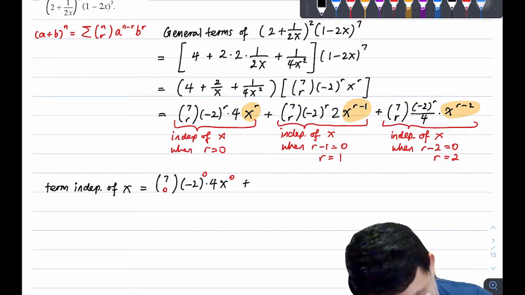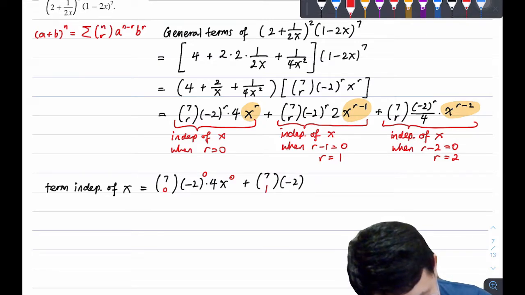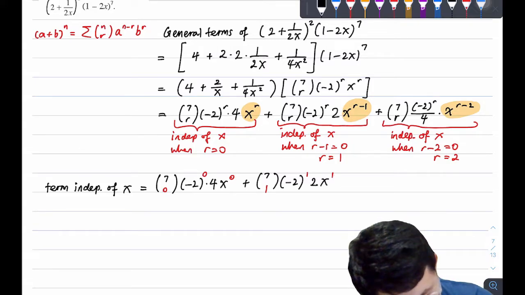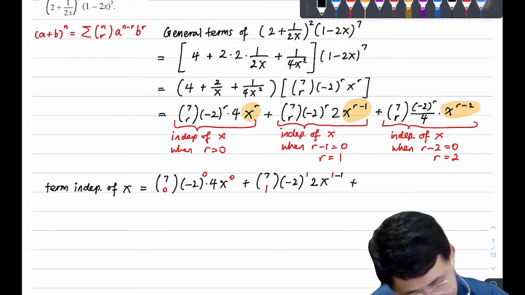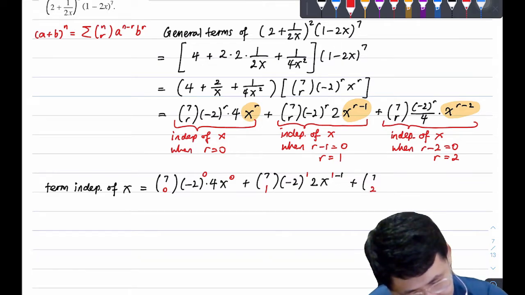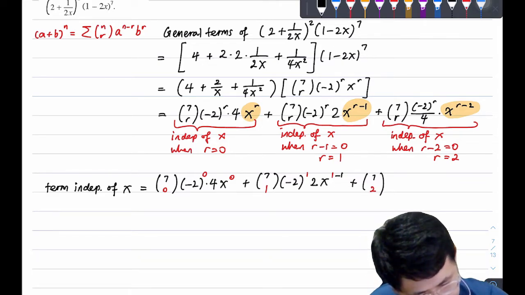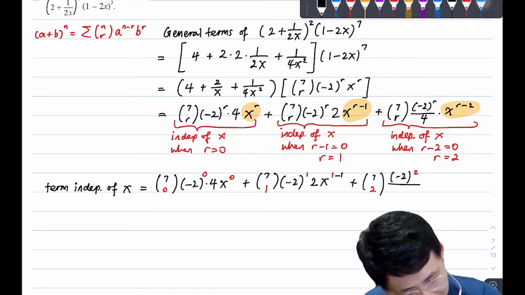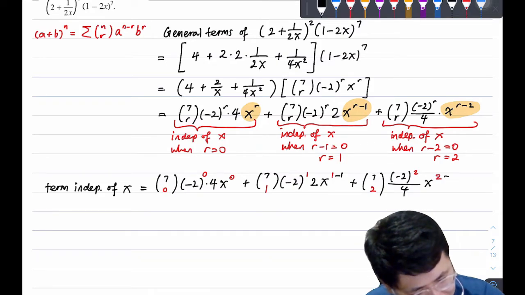Second one is 7 choose 1, because this is when we get the term independent of x. So r is 1, and we have 2 times x^(1−1), which is going to give us x^0, plus 7 choose 2 of (−2)^2 divided by 4 times x^(2−2).